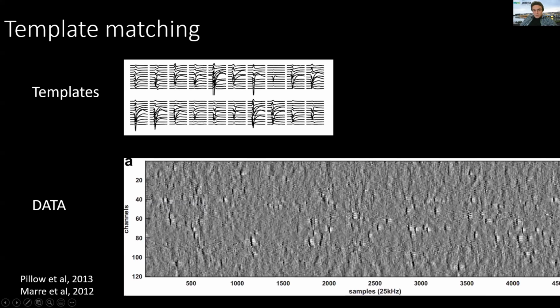And if we do this well, then when we subtract one event, it allows us to come back and detect another event that's right next to it. And that's why we say that we're able to detect spikes that are overlapping, to some reasonable extent. If they're right on top of each other, that will be difficult for any algorithm, but it certainly allows us to identify neurons that we wouldn't have been able to if we had started with a spike detection step.